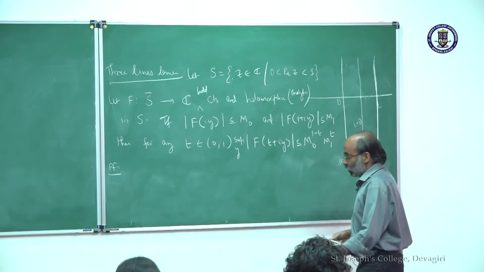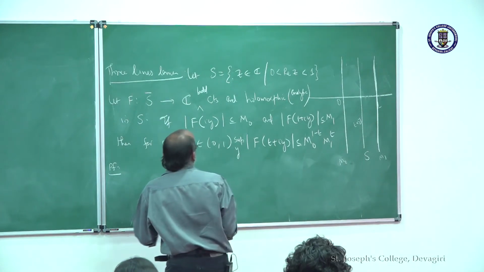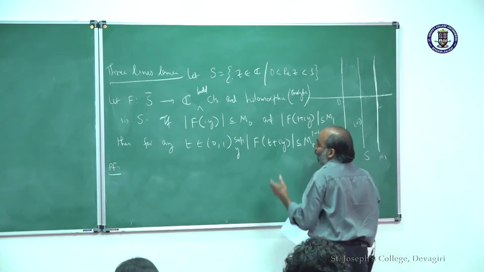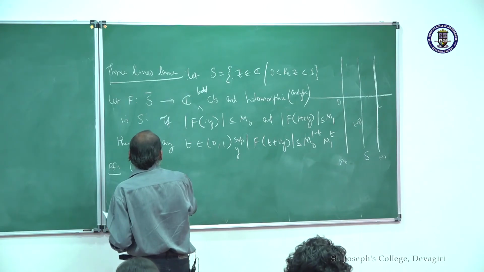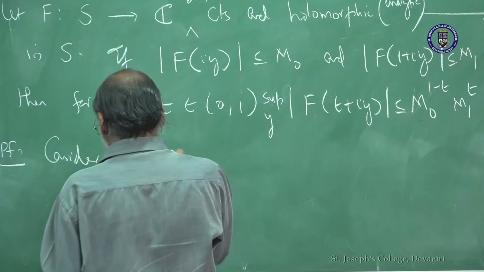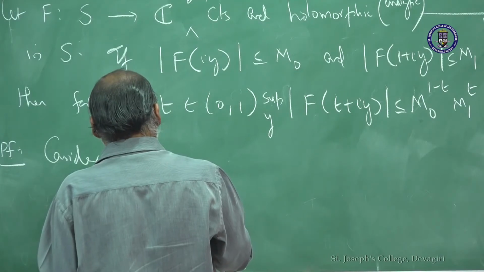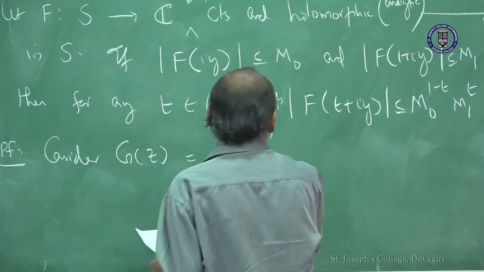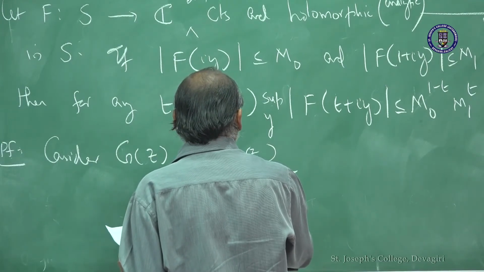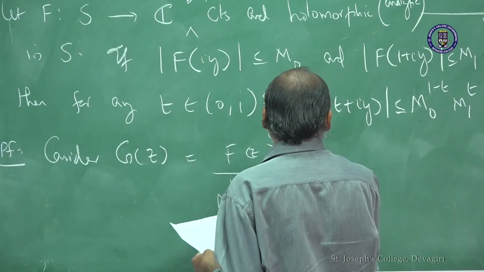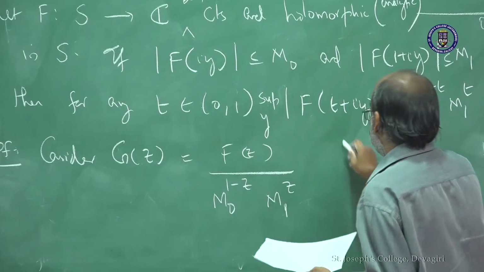Alright. So, what we do is first we can assume that these two are 1. Okay. So, consider g(z) equal to f(z) divided by m0^(1-z) m1^z.